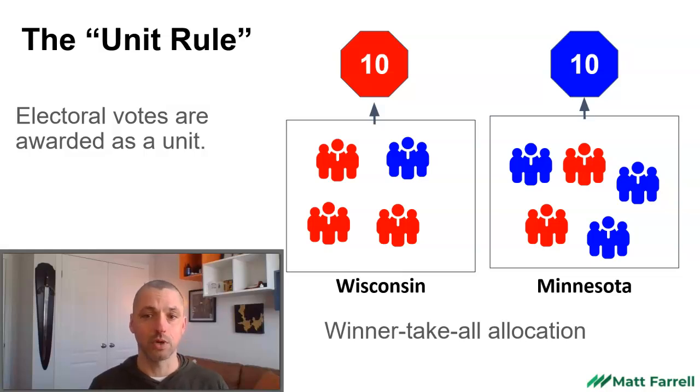So in Wisconsin, where it looks like in this case there were more Republican voters than Democratic voters, the Republican candidate would win 10 electoral college votes from Wisconsin. Similarly, in Minnesota, they add up all the votes. It turns out the Democratic candidate had more votes. They get awarded the 10 points for that state. Winner take all allocation. You get the most votes, you get all of that state's points.